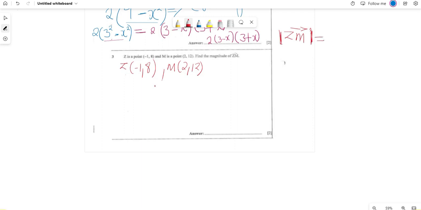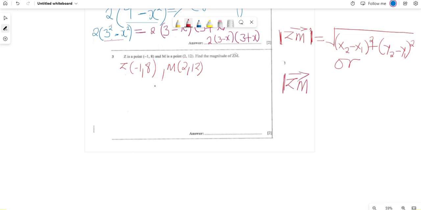We can use the formula: the root of x2 minus x1 everything squared plus y2 minus y1 everything squared. Or we can say the modulus of vector Zm is equal to the root of x squared plus y squared.